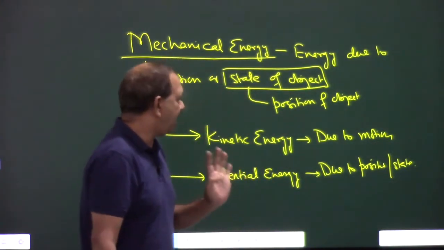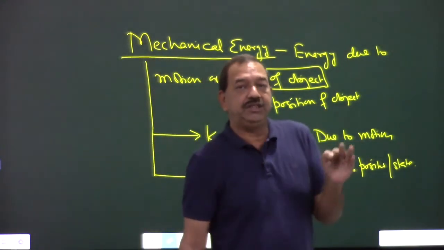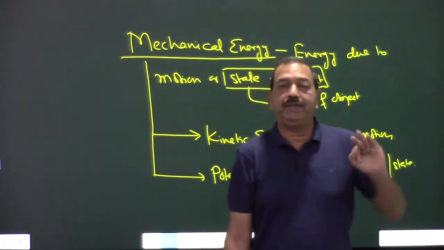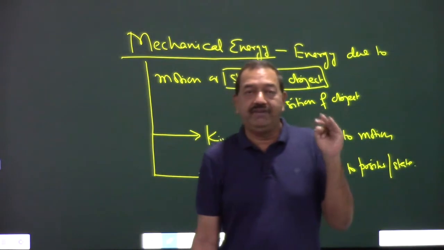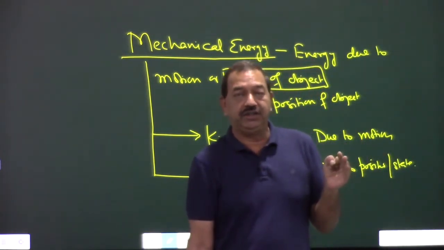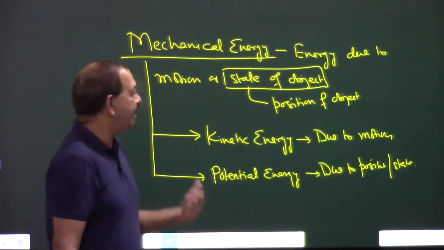Then there is kinetic energy. The potential energy is due to position of object or the configuration of object. Potential energy is further divided into two categories: gravitational potential energy and elastic potential energy. We'll discuss potential energy later. Let's first discuss the kinetic energy part.